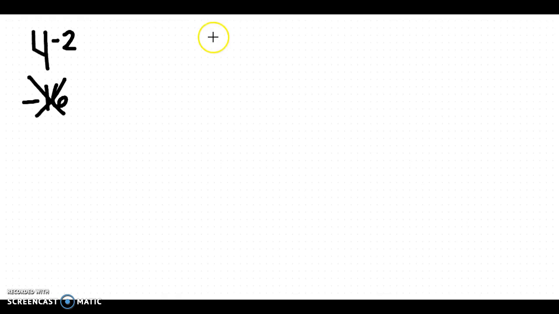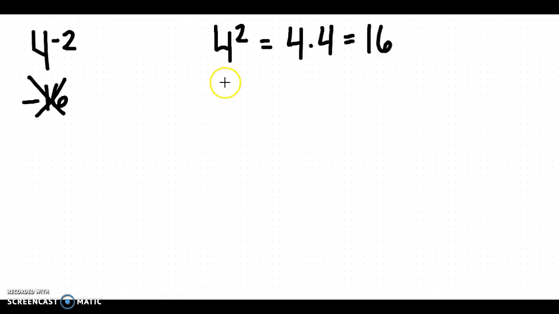If we take, for instance, 4 to the positive 2 power, we should know that that means 4 times 4, which is 16. And then consider taking 4 to the first power, which is just simply 4. Well, let's take this down one. Notice every time I go down a power, I divide my answer by 4.